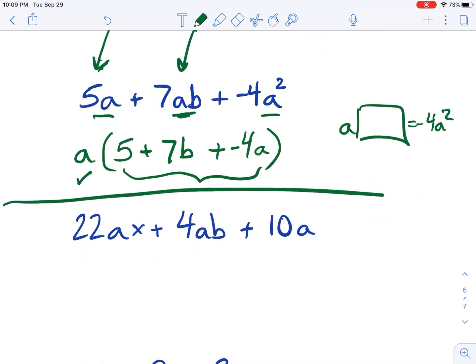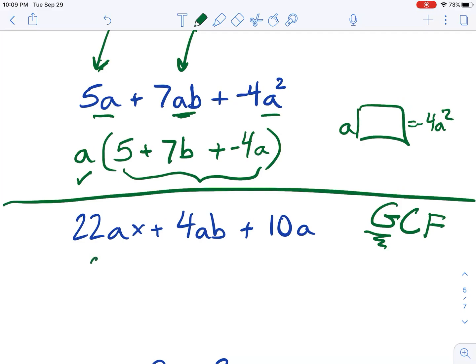Now let's look at 22ax plus 4ab plus 10a. They all have something in common. In fact, you could say they have more than one thing in common. When you are asked to do reverse distribution, you are asked to find the greatest common factor. The greatest.